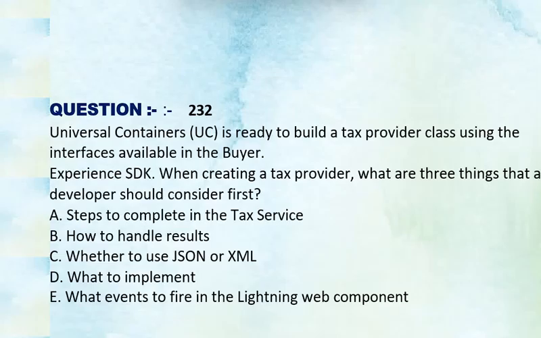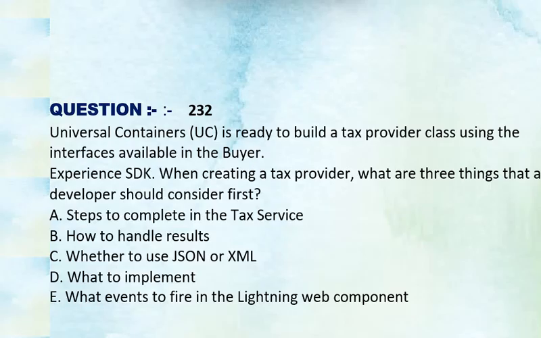Question is, Universal Containers, UC, is ready to build a tax provider class using the interfaces available in the Buyer Experience SDK. When creating a tax provider, what are three things that a developer should consider first? Option A, steps to complete in the tax service.